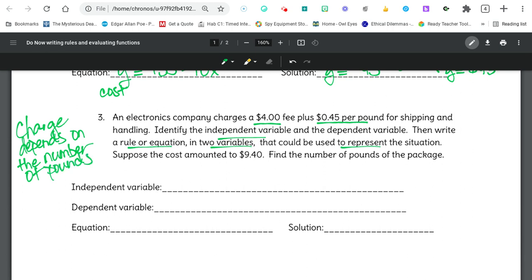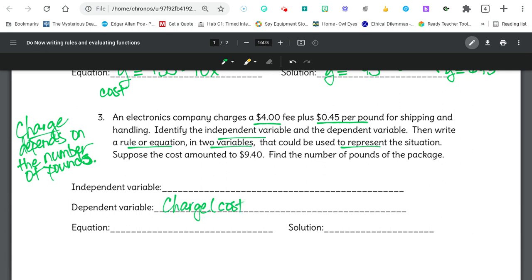Basically, they weigh your item before they put a price on it. So the weight has to happen first. You got to weigh it first, and then they'll tell you what your price is. They don't tell you what your price is and then weigh it. I'd be kind of upset if they did that because I think they're trying to get over on me. That's deceitful. All right, so the charge is dependent.